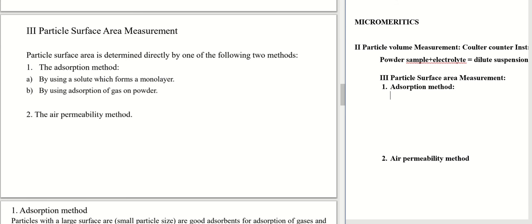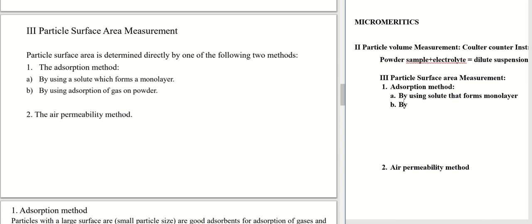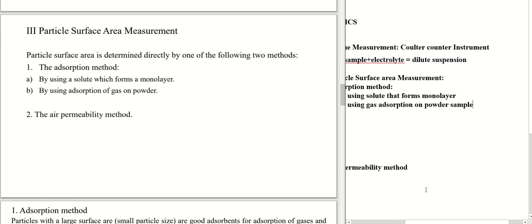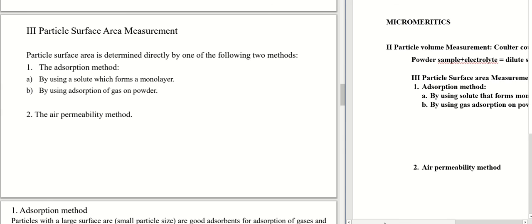The first one is by using solute that forms a monolayer, and the second principle is by using gas adsorption on powder sample. Now let's discuss one by one.